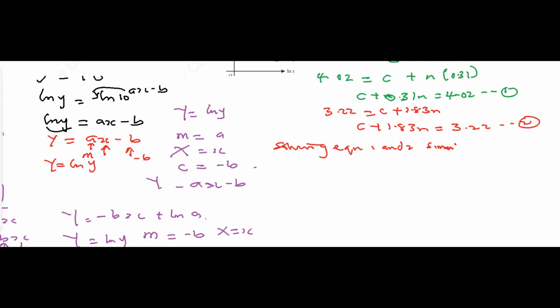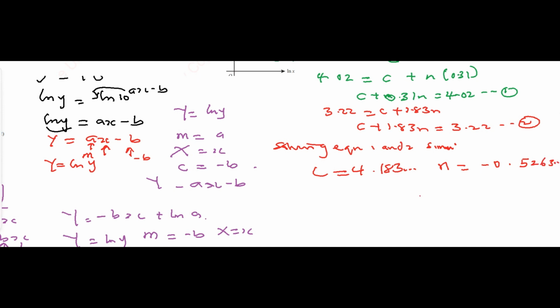So let's find my C now. It is 4.183, and my N in this equation will be minus 0.5263.